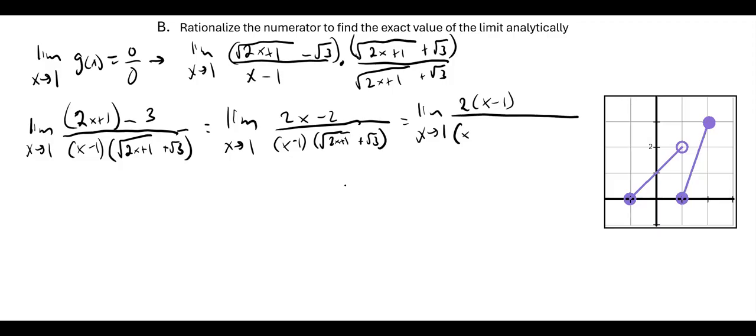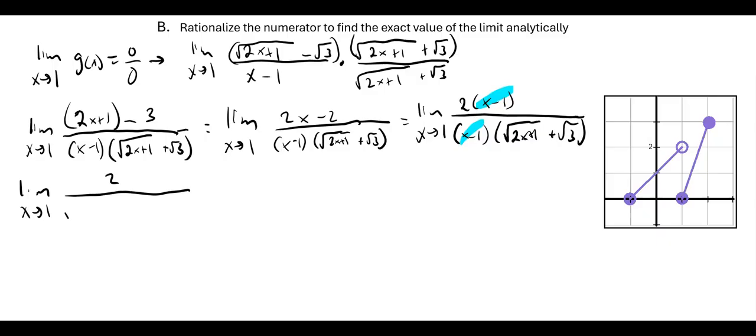And that's going to get rid of that x minus 1 for you right there. So now the limit as x goes to 1, the x minus 1 cancels out. We have 2 at the top, and at the bottom we have this radical plus root 3.